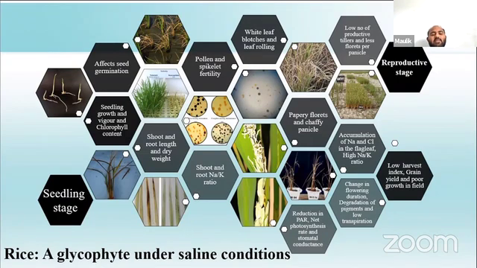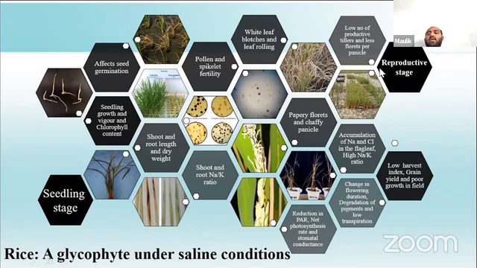When normal rice, not salt tolerant, goes into saline condition, these are the morphological behaviors. In seedling stage it affects seed germination, meaning it can't germinate, and at the initial level the crop is damaged. Shoot and root length also reduce, as do the shoot root sodium potassium ratio, seedling growth and vigor, and chlorophyll content.